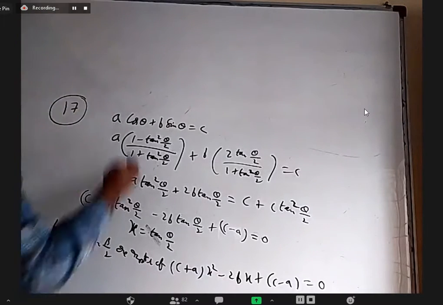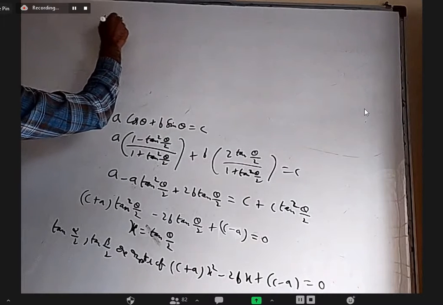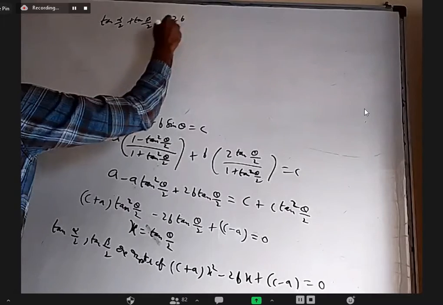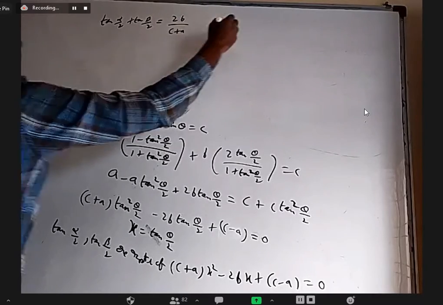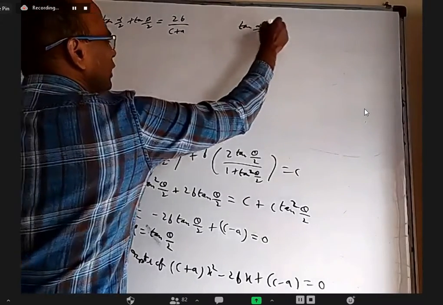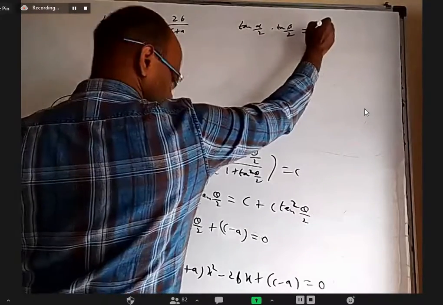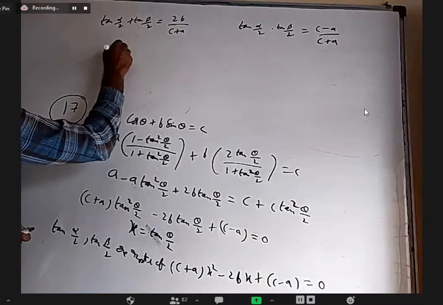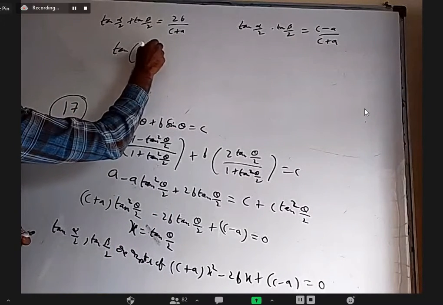Okay, now sum of the roots. Tan alpha by 2 plus tan beta by 2 is 2b by c plus a. Tan alpha by 2 into tan beta by 2 is c minus a by c plus a. So tan of alpha plus beta by 2.